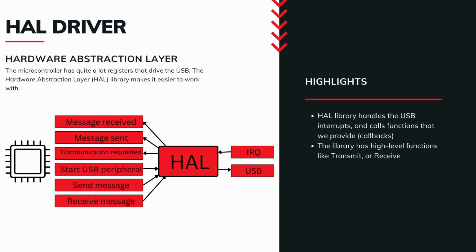First, it handles a single USB-related interrupt, figures out what event has happened, and calls a callback provided by the user. An example event may be that a message has been received or sent, or that the host requested some data. The second way is that it provides high-level functions we can use, like to send a message or receive one, or to activate the USB peripheral, etc.